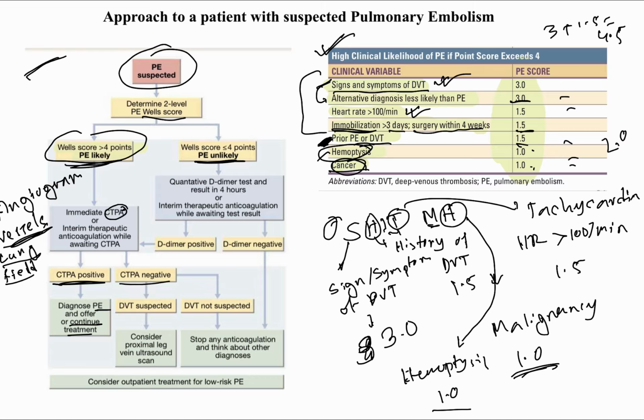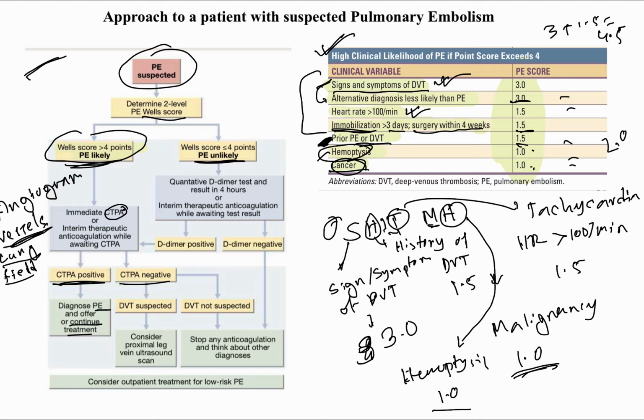If the CTPA is negative, then we cannot discard the diagnosis. We have to look for deep vein thrombosis. Deep vein thrombosis is the major source of this embolus that dislodges into the pulmonary vessels and causes pulmonary embolism.